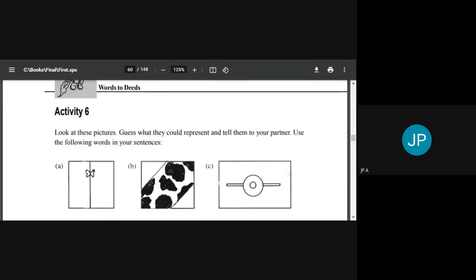What could be the first picture? It could be. What could it be? Very good. It could be a butterfly.